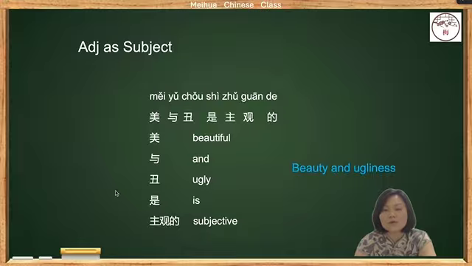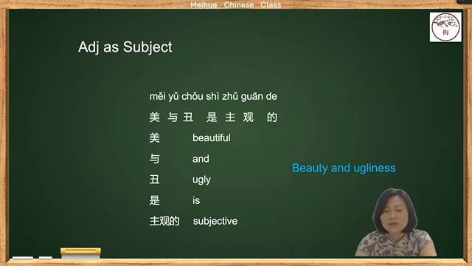So we should change beautiful to beauty and ugly to its corresponding noun, ugliness. We can say beauty and ugliness is usually subjective. You have your standard. I have my standard.